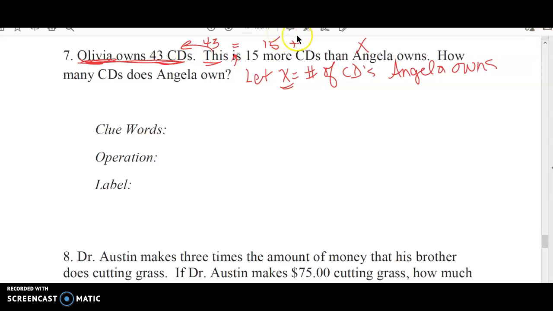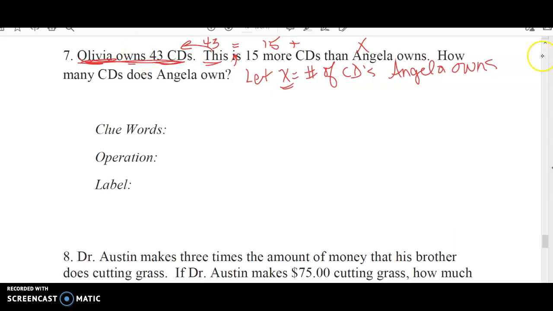We talked about the nice thing when you write equations is that a lot of times if you're saying 15 more or 20 less than, you're going to use whatever operation means more or less or times. You're going to use those operations. There's no more thinking backwards.